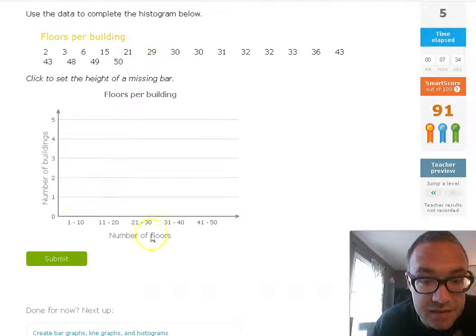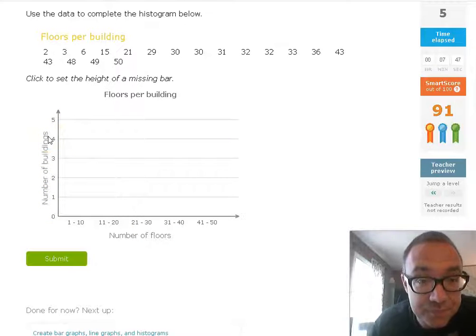Okay, so again, the x-axis is the data, the ranges with the label, and then the number, in this case, number of buildings are on the y-axis.